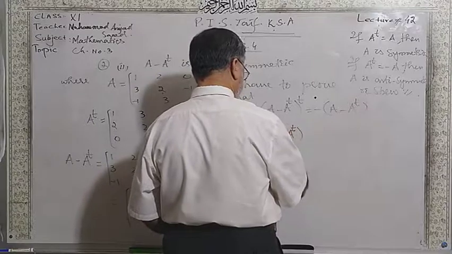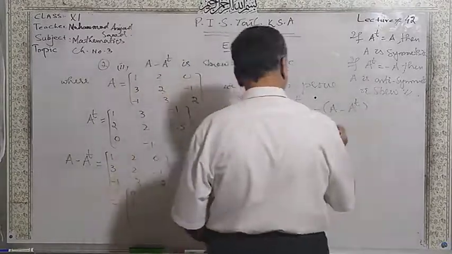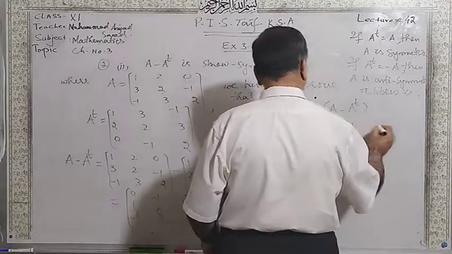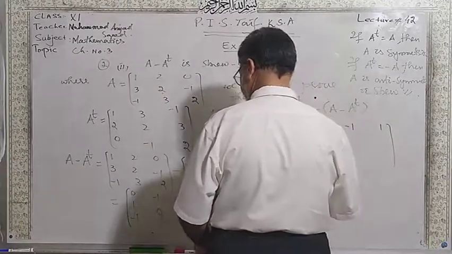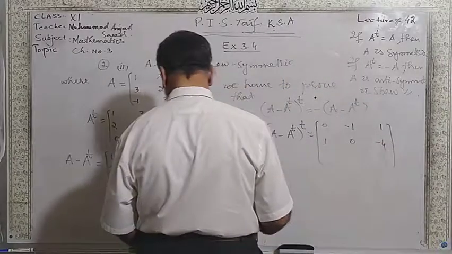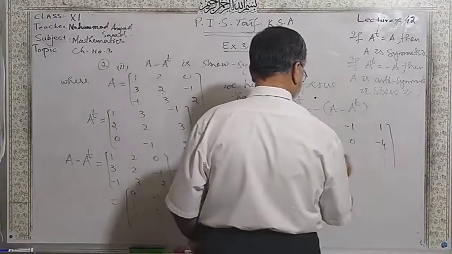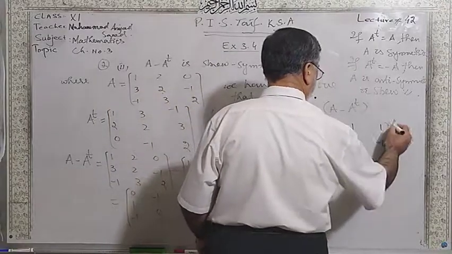A minus A transpose whole transpose. We will have 0, minus 1, 1, 1, 0, minus 4, and then minus 1, 4, 0.